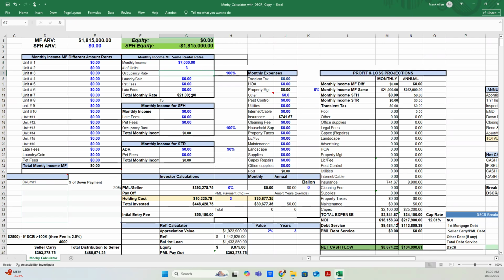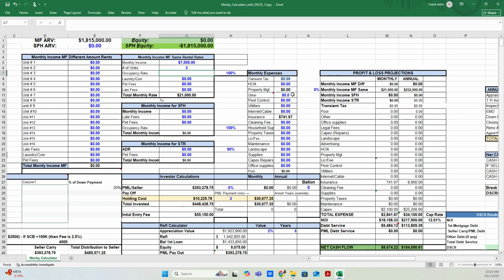So you have this constant flow of $21,000 a month, and it gets put over here. If you're going to put single family, it will show up over here. If you use the short-term rental monthly income, it'll show up here. And if you use the monthly income from different multifamily units, it will show up in this top line here.